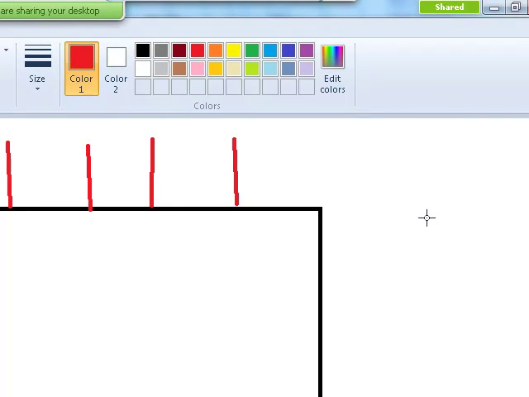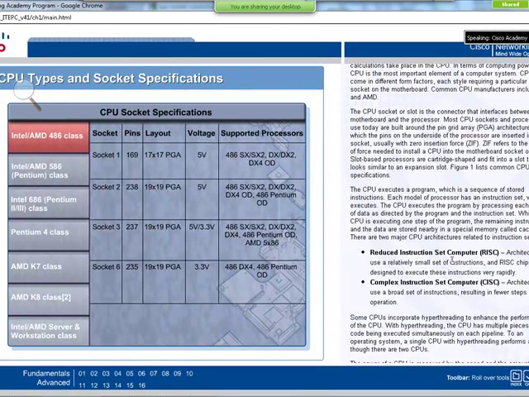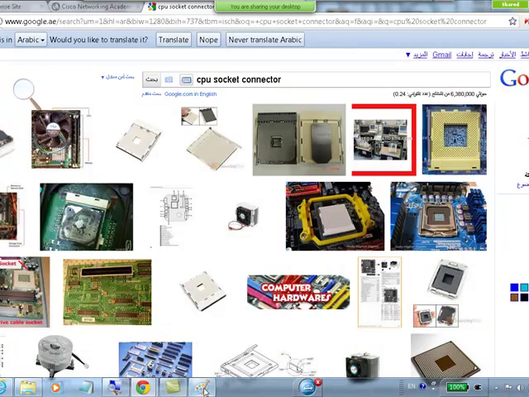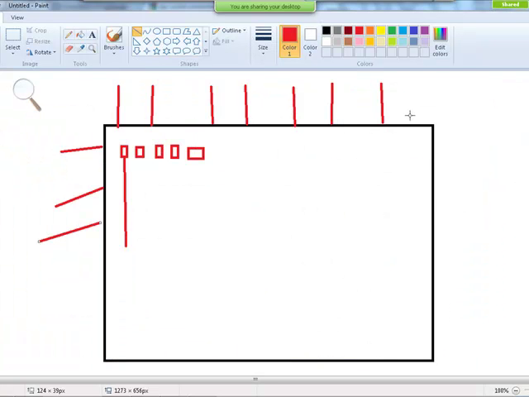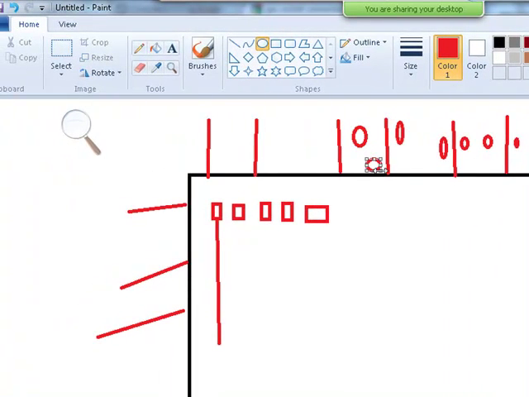In the method of RISC, which is reduced instruction set computer, these instructions are going to be divided into small chunks, small pieces of instructions, and they are going to be handled rapidly. So we have small pieces of instructions that come inside the CPU and are handled.